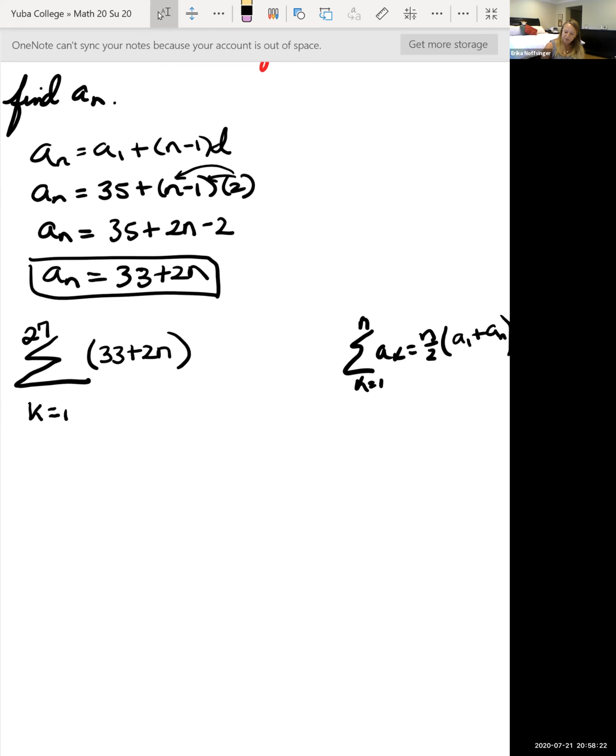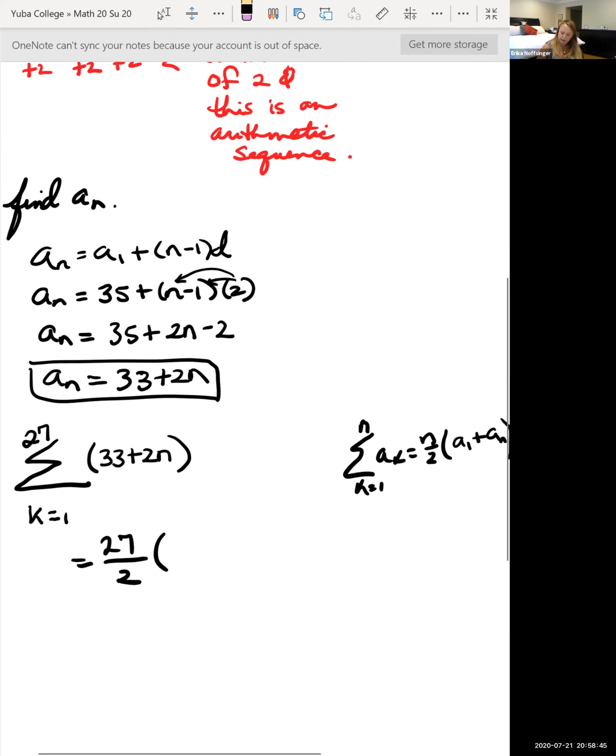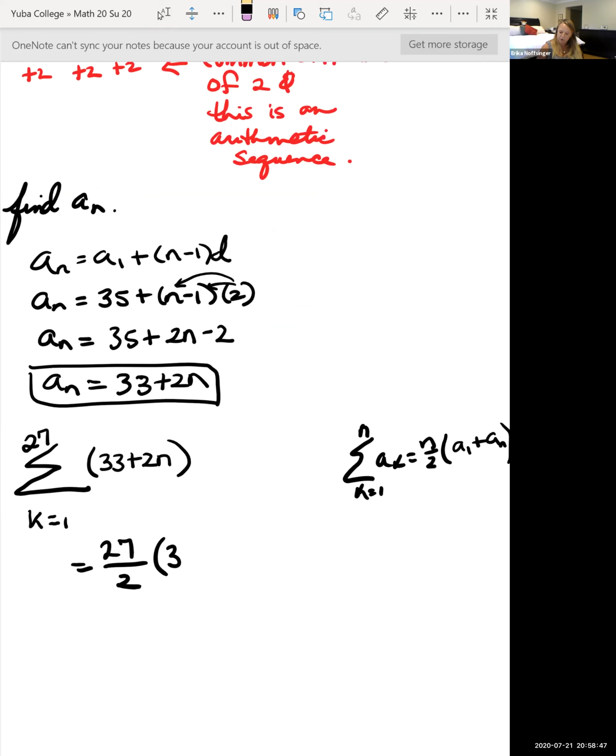Okay, so let's plug in our pieces. So this would equal our n value, well, 27 rows, so 27 divided by 2, all times the quantity of our first row. Our first row, well, 33 plus 2 times 1 is 35, which I better have back up here, which it is, plus the last row. So I can find out what the last row is. I need to figure out what a of 27 is.